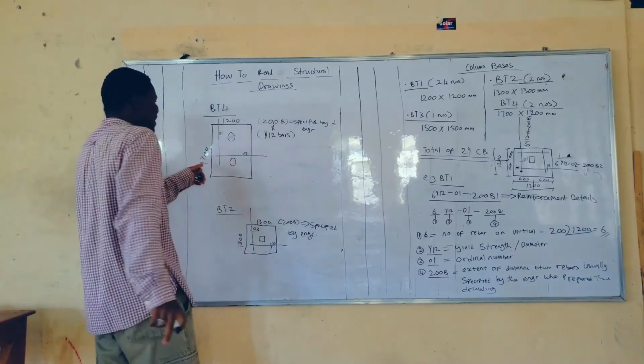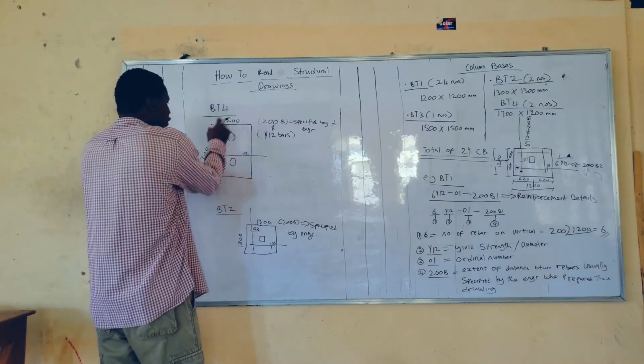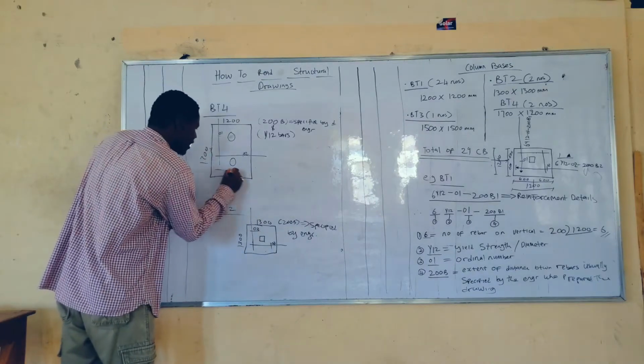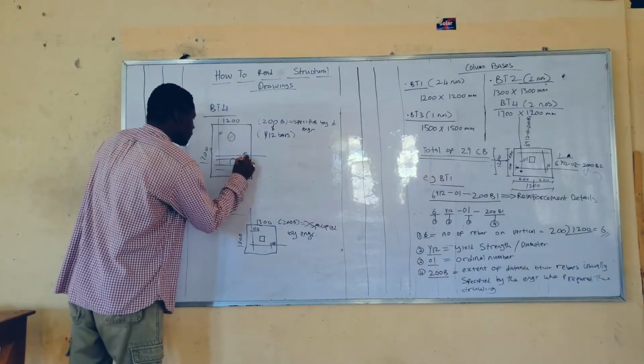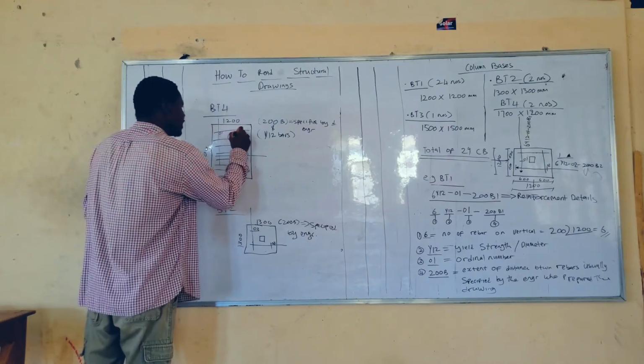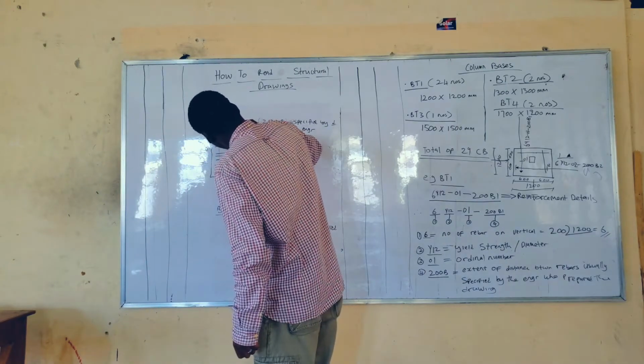What is the length? 1700. So it means the bars, how many bars will be like this along 1700? Let me just draw it out. So between each, there is 200 millimeter space.